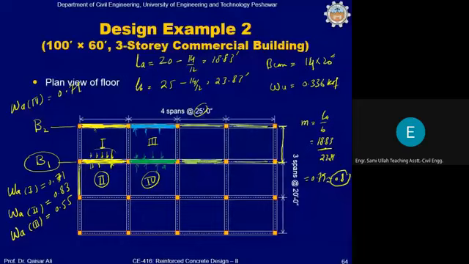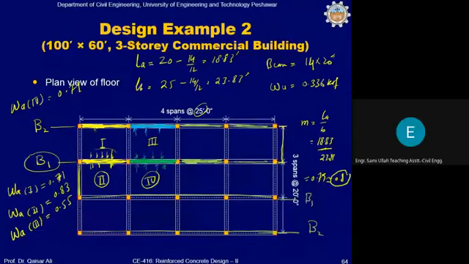And similarly, you can see that these two beams are the same. This is also B1, and this beam is also B2. So it means that you have calculated the load acting on all beams running along the longer direction. Is that so? Yes, sir.